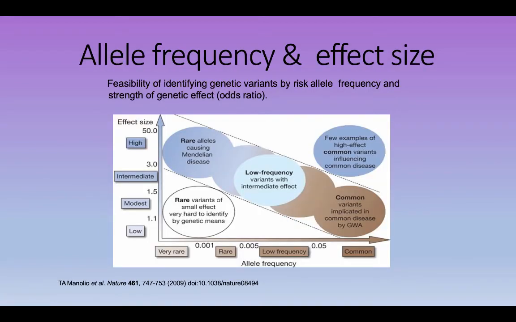We talked a little bit about this before, about the CDCV proposition, right? So how easy is it to find genetic variations by looking at their risk allele frequency and the strength of the genetic effect, or the log of odds ratio. And again, in this case where we have common variants for a common disorder, they'll be a lot easier to find.